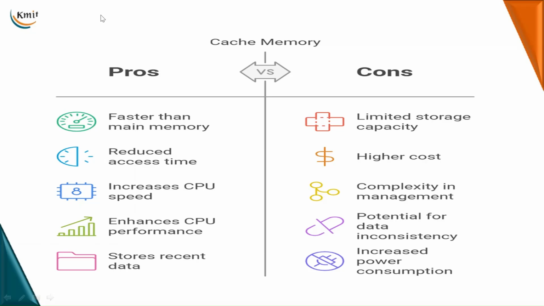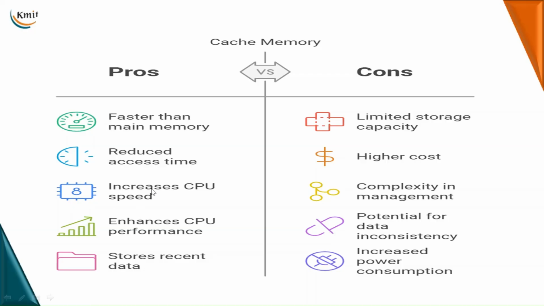Next, we'll see the advantages and disadvantages of a cache memory, in comparison with main memory. Coming to the advantages of cache, it is faster in terms of access than main memory, with reduced access time, since it is placed very close to the CPU compared to main memory. The access time is very low to access any information from the cache by the CPU.